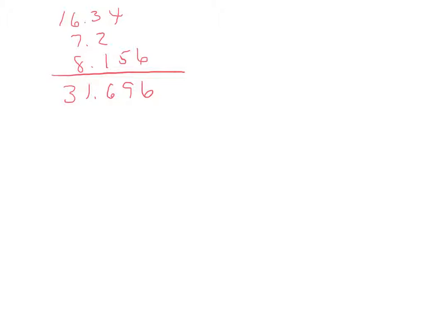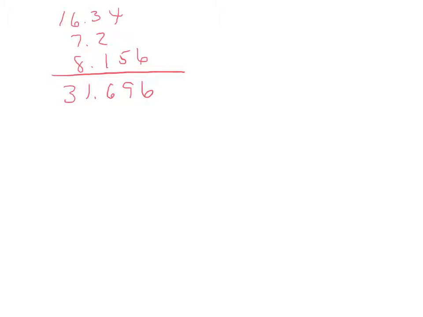Now suppose we are doing addition and subtraction, and we have 16.34 plus 7.2 plus 8.156. If we add those together on our calculator, we come up with 31.696.